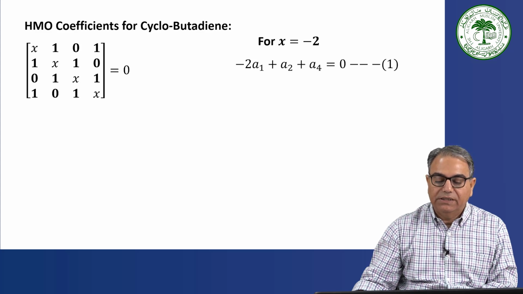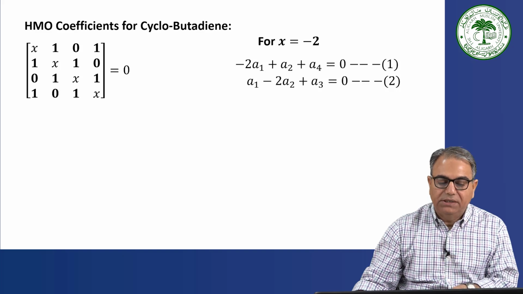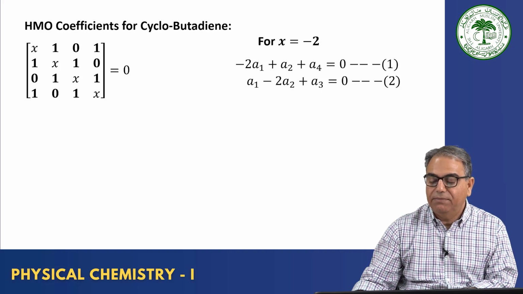Then the second equation will be A1 minus 2A2 plus A3. Obviously, the second row gives you this equation: you have 1, x, 1, 0. The 0 I will omit everywhere, and then you have A1 plus A2x plus A3, so A2x will become minus 2A2.